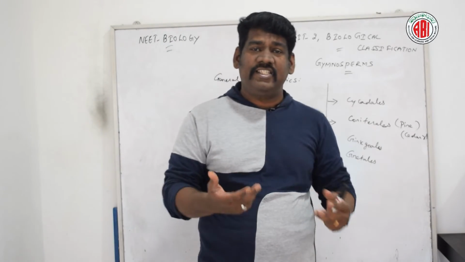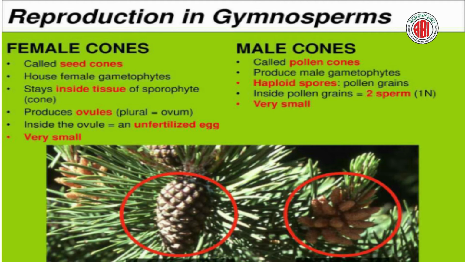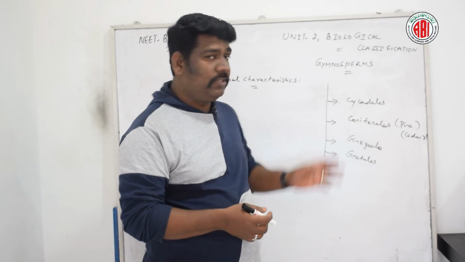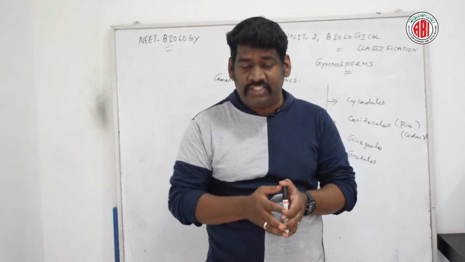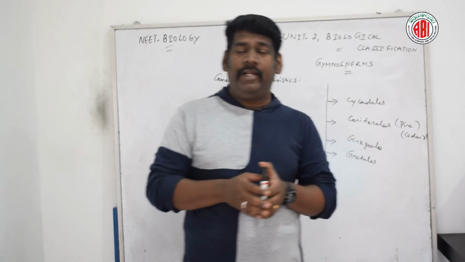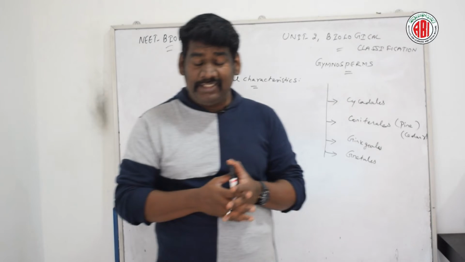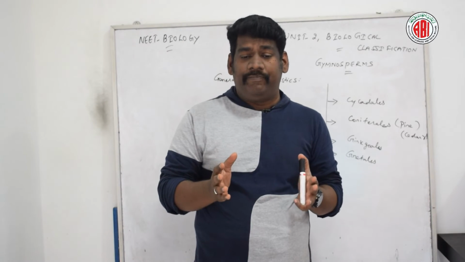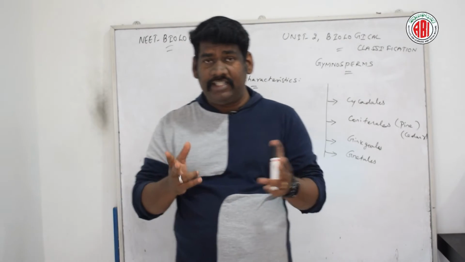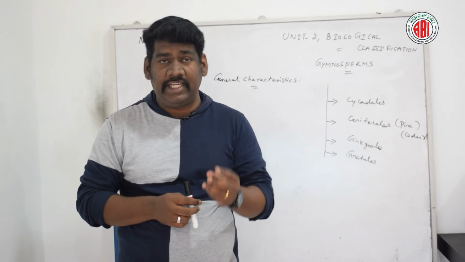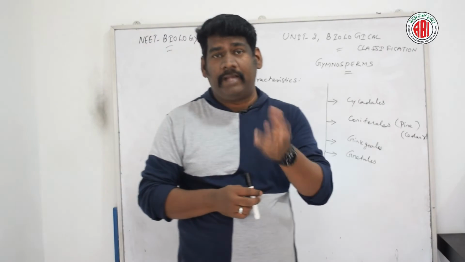Talking about sexual reproduction. Sexual reproduction in gymnosperms is usually of the oogamous type. We know very well the meaning of oogamous type, right? Oogamous type is nothing but there are two distinct gametophytic structures, microspores and megaspores.